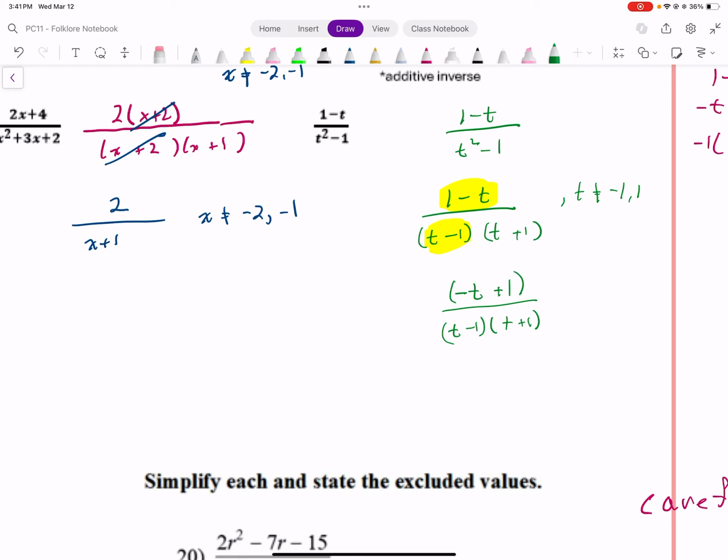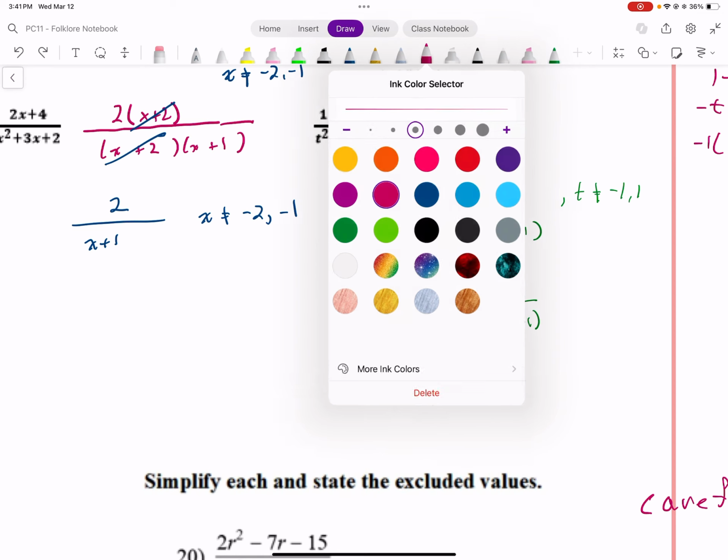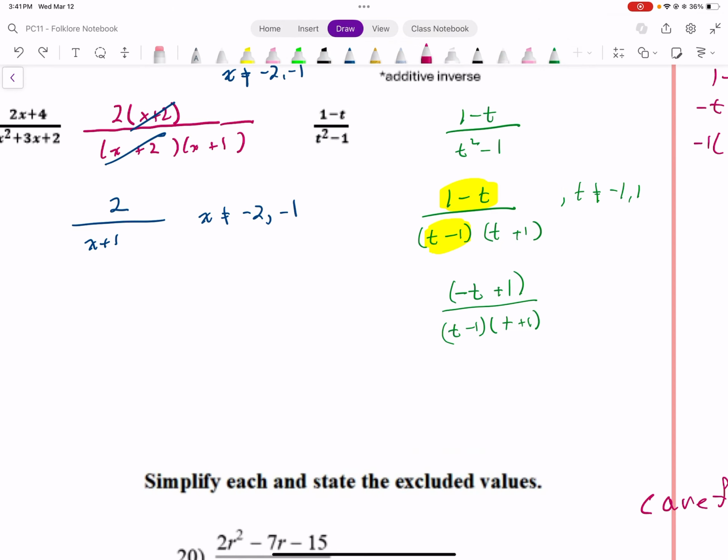What we notice is that the two factors aren't identical. However, the numerator, if there is some magic way that we could take that -t and make it positive and change the sign also, not only on -t, but on +1, then we could cancel out a common factor. So what I'm going to do is, it's called the additive inverse.